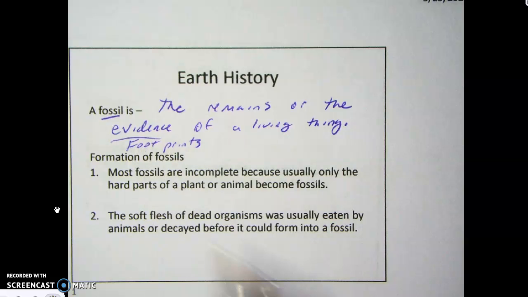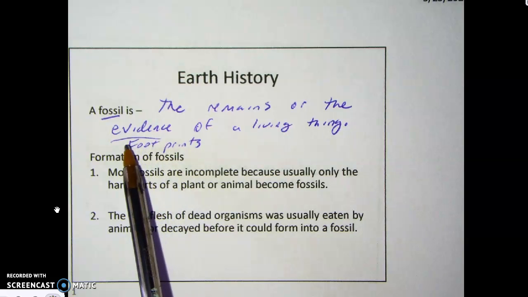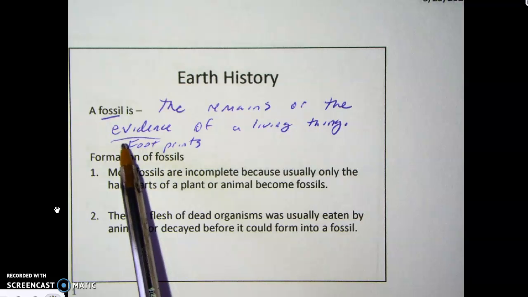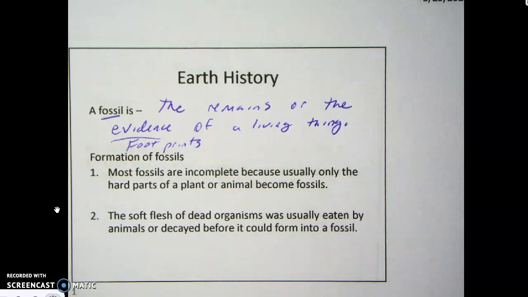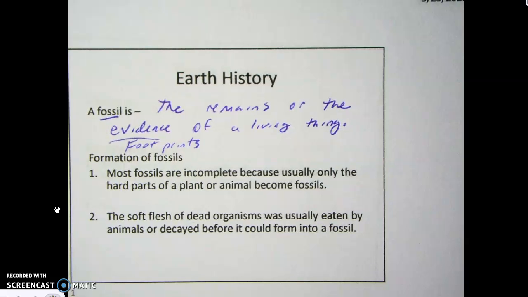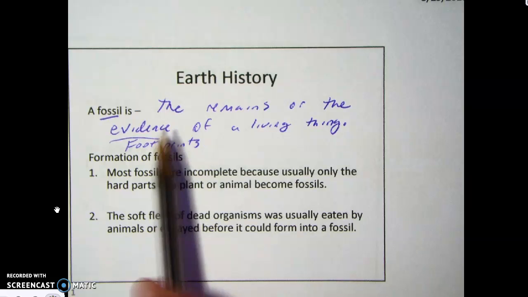So evidence, we might see evidence of what the animal ate, things like that, but not the actual animal. And again, plants are also fossils too. But we get into this kind of gray area, this unclear area where we're talking about old things like mummies and spear points and arrowheads and things like that.